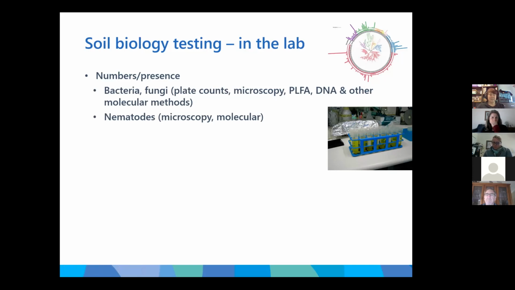They look at the mouth parts and you assign them to like a bacterial feeder or fungal feeder or an omnivore, and then you can assign them their functional group. Or there are actually molecular methods now which you can determine all the different nematodes, and that's building too. Look at percent root infection of mycorrhizae, and Anders will talk more about that.